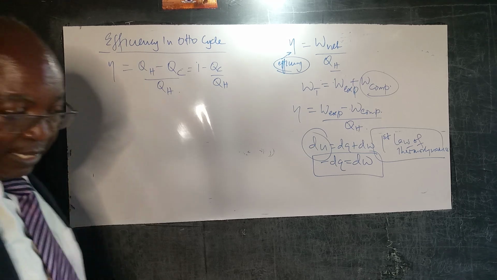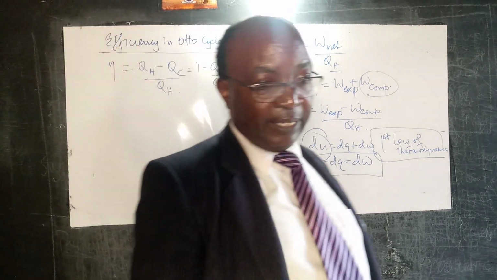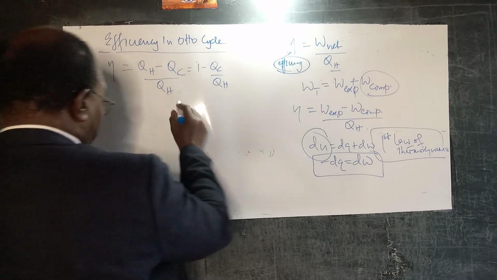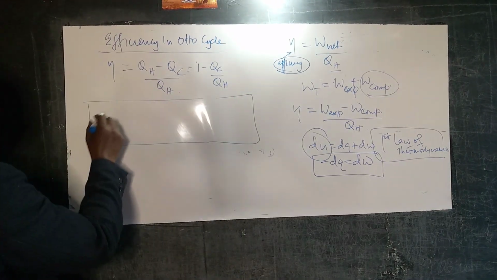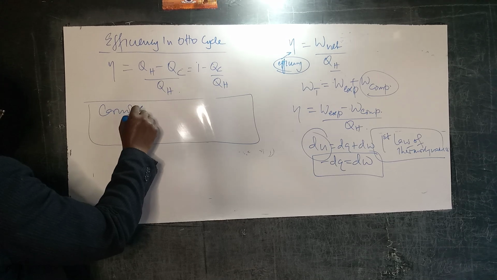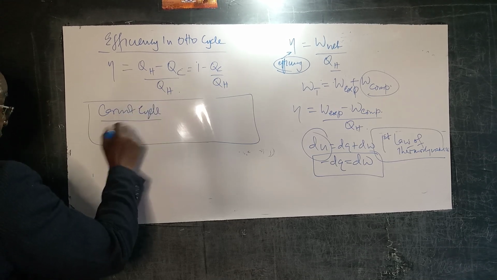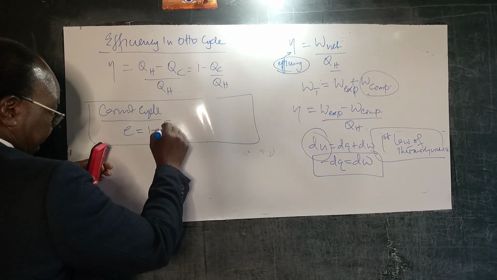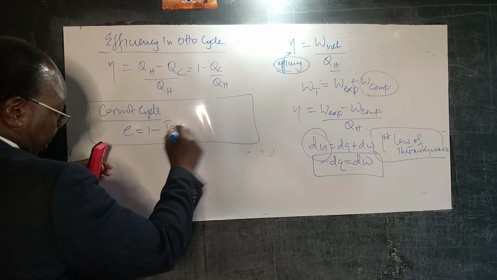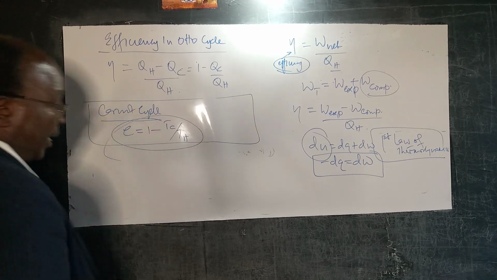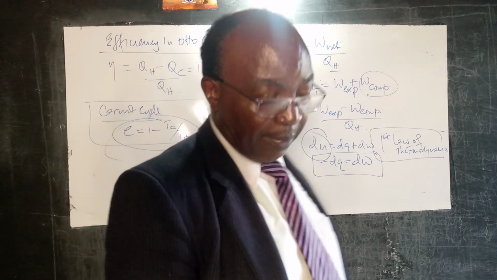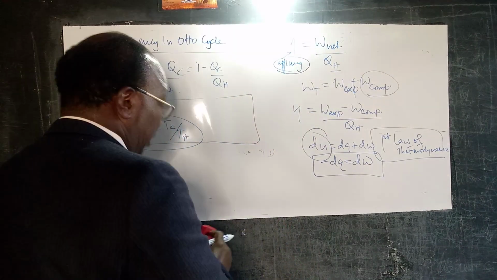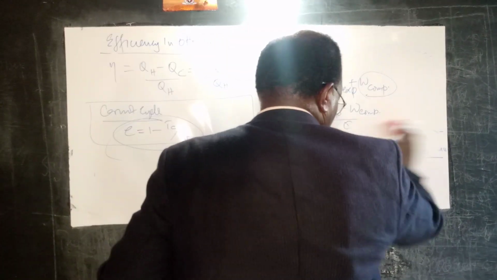Heat inputted and heat rejected. Remember, when we are dealing with the Carnot cycle, just for your note, the efficiency is 1 minus TC over TH, in terms of those temperatures. So this becomes a very important quantity for us.